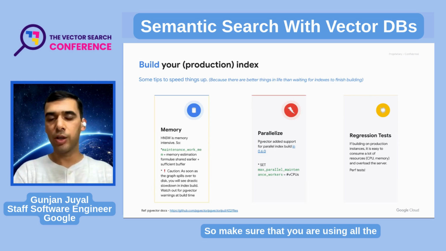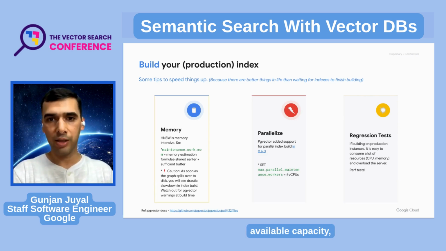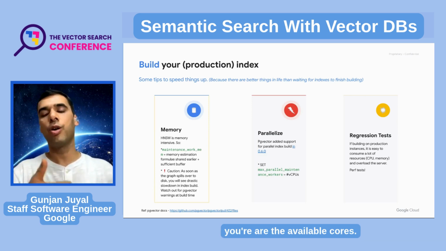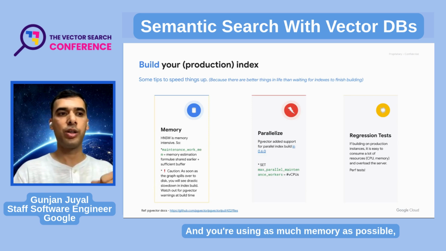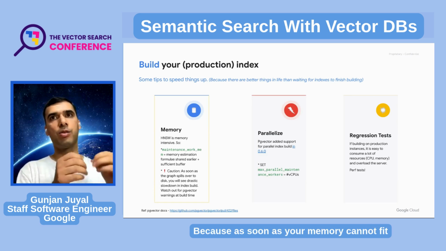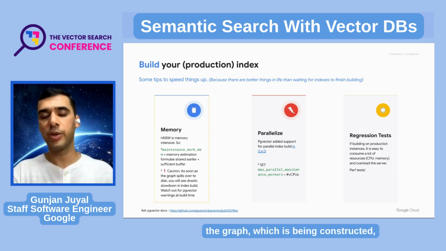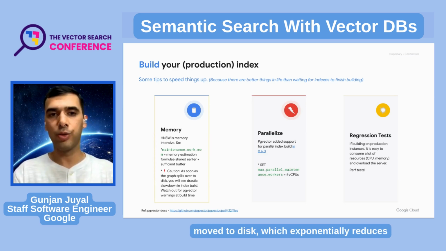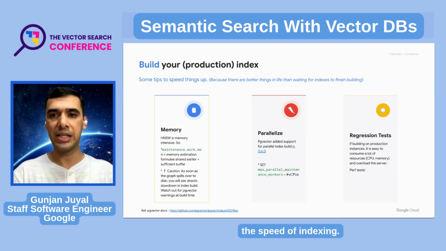So make sure that you are using all the available capacity, which means your parallelism is set to use all the available cores and you are using as much memory as possible, especially during index build time. Because as soon as your memory cannot fit the graph which is being constructed, you start seeing it being paged, moved to disk, which exponentially reduces the speed of indexing.